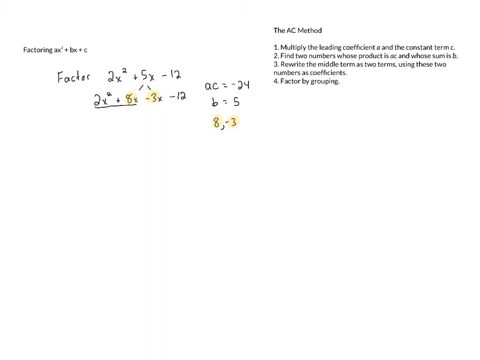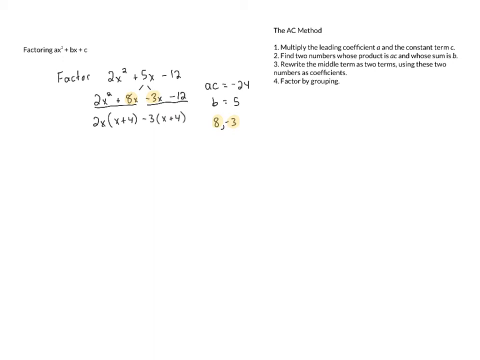So we're going to look at the first group and the second group separately. In the first group, 2x squared plus 8x, the greatest common factor is 2x, so we pull that out front, and the leftovers are x plus 4. Now in the second group, these terms both contain a negative 3, so we can pull out a negative 3, and that also gives us leftovers x plus 4.